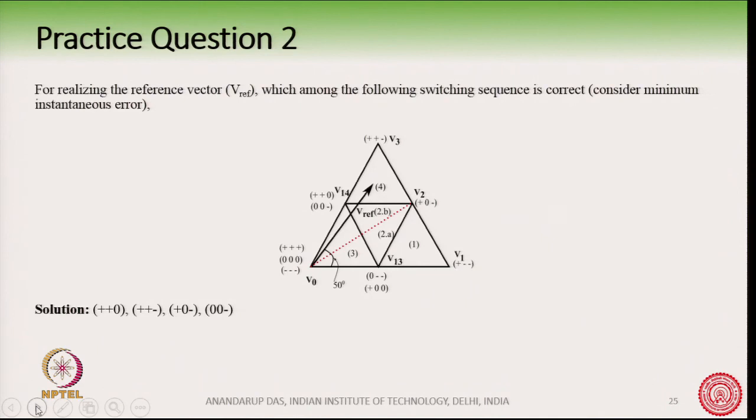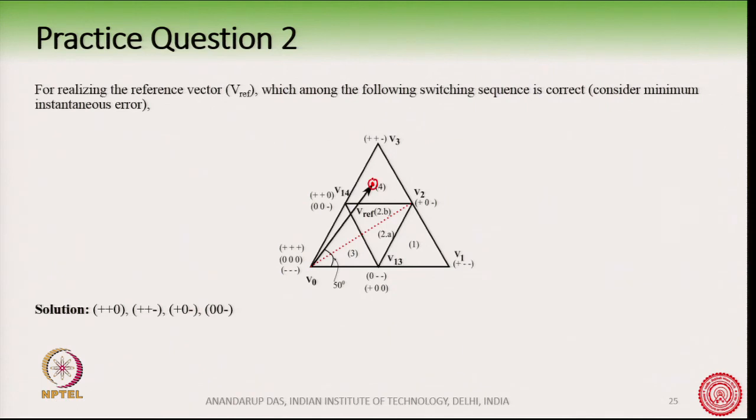Let us see a second problem. For realizing the reference vector Vref, which among the following switching sequences is correct, considering minimum instantaneous error? Here is your reference vector.